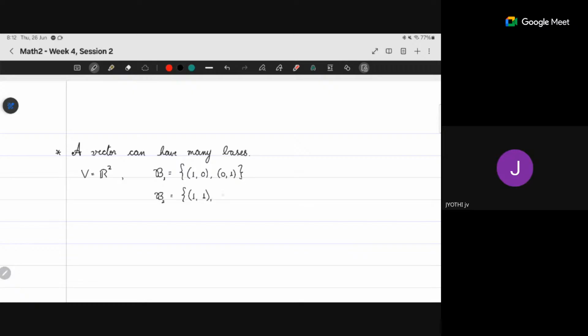Let's say (1,1), (2,1). Is this a basis? No. Which condition is not satisfied? It's not linearly independent. Why is this not linearly independent? (1,1) times 2 becomes (2,1), right?